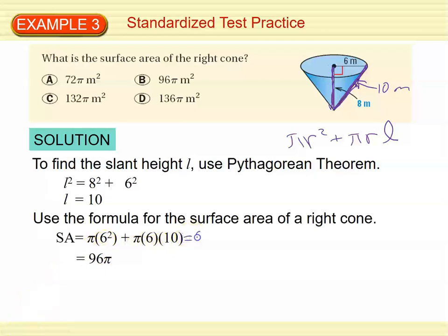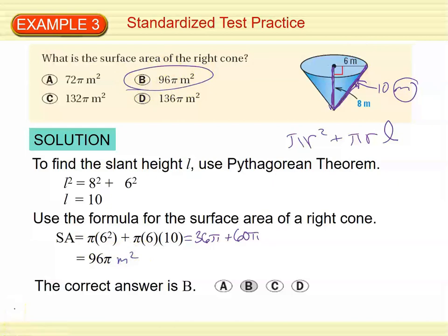So we have 36 pi plus 60 pi, which, again, we talked about this in the last section. You can add these together just like you would if it was a 36x and a 60x. So that's going to give you 96 pi. Okay, and so you can leave the answer like this. You're talking meters, so it's going to be meters squared, which gives you B for an answer.